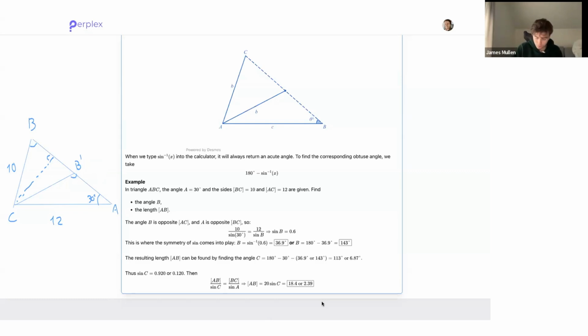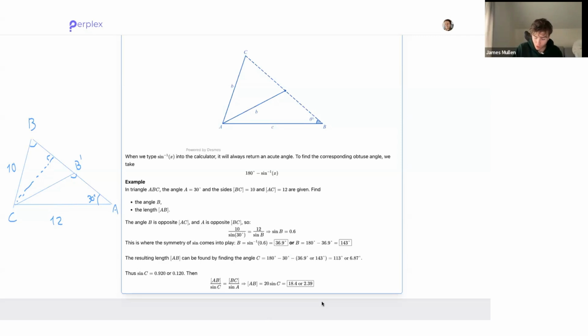So let's start with what I know. I can write, using the sine rule, that 10 over sine of 30 degrees is equal to 12 over sine of B. Okay, and if I isolate that, that means sine of B is equal to 0.6. Now, this is where the symmetry comes into play. If I type into my calculator sine inverse of 0.6, I'm going to get 36.9 degrees.